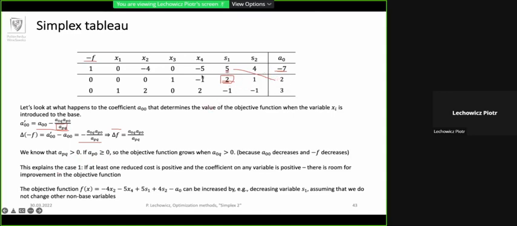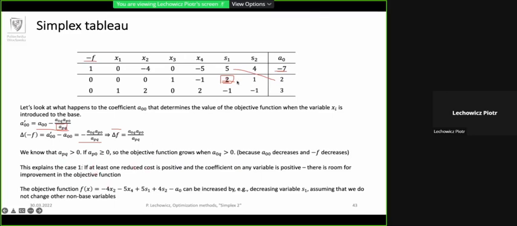So if the reduced cost is positive, this expression is also positive, because we are multiplying a positive number by a positive number and dividing it by a positive number. So we know that the objective function is increasing, or a0 is decreasing. So our minus f function is decreasing. So if minus f function is decreasing, the f function is increasing, right? Because it's multiplied by -1. So this explains the case number 1.